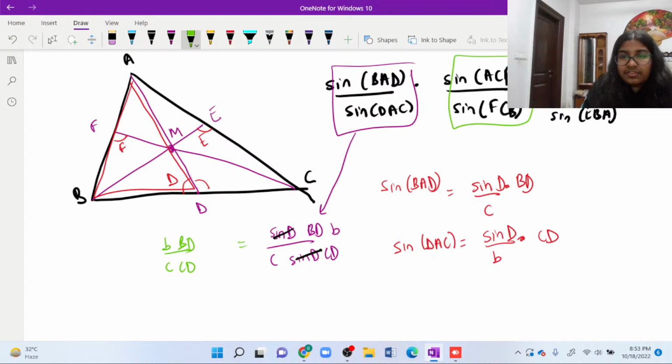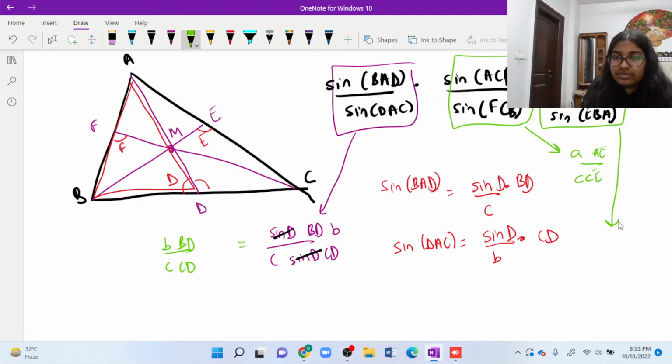By symmetry, you can just write the second fraction, wait, sorry, this is its second.